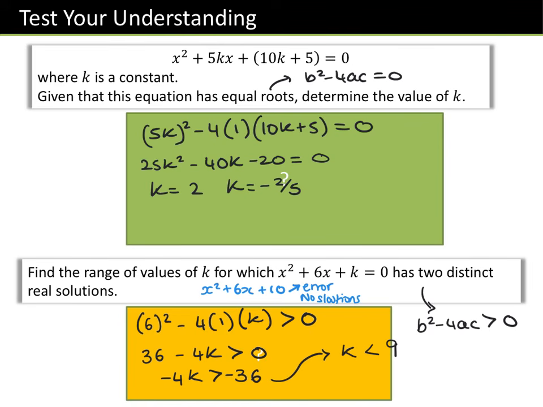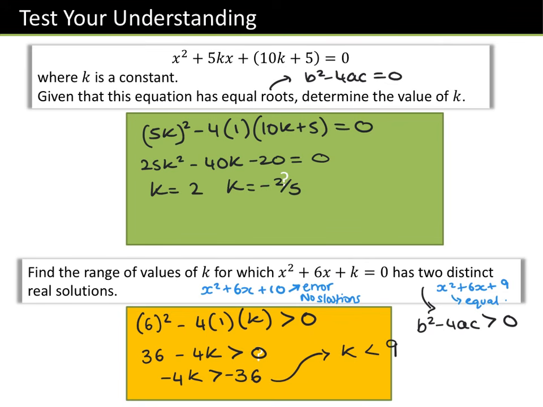Okay, if we put it equals 9, we should find that we have equal roots. So if we let k equal 9, what's going to happen? Yeah, we put that into our calculator. We should find that the root is 3, shouldn't we? That's going to give us equal roots.